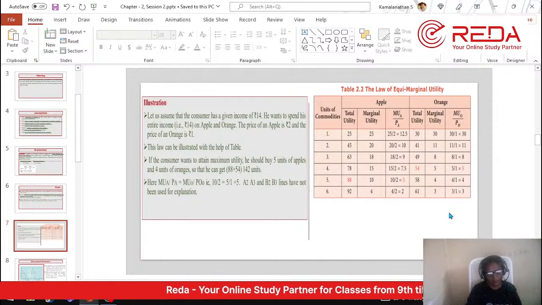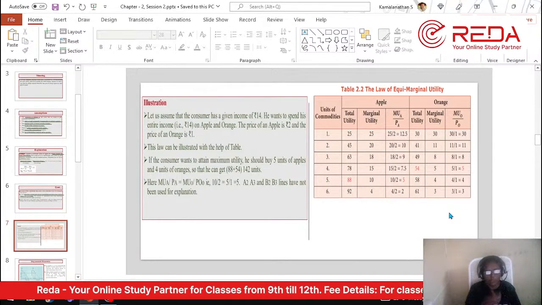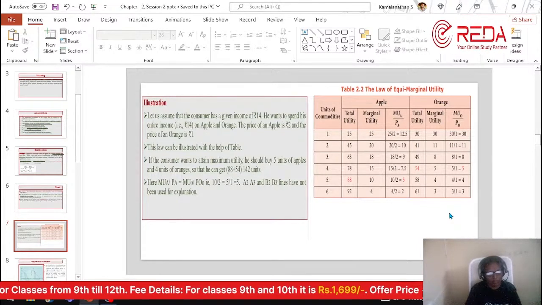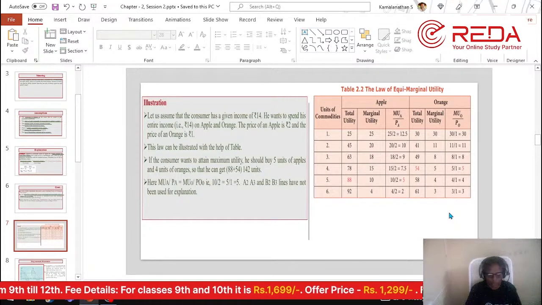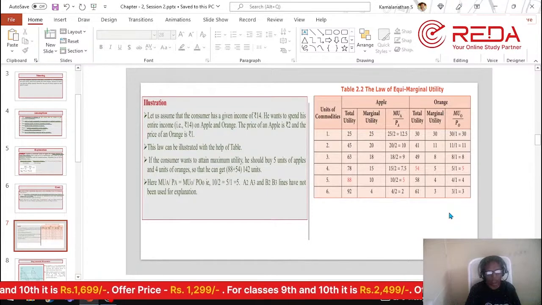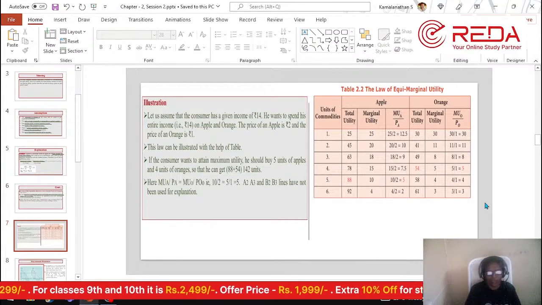According to the equation, the marginal utility of purchasing apple with the given price PA will be equal to the marginal utility of oranges with the given price of orange PO, equal to 10 by 2 equal to 5 by 1 equal to 5.